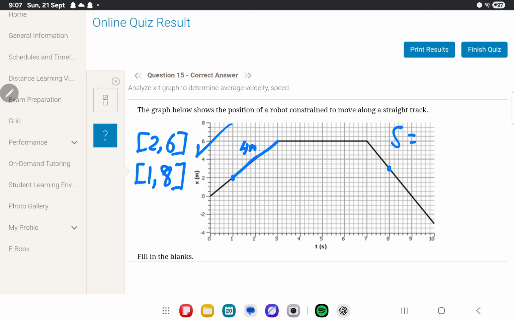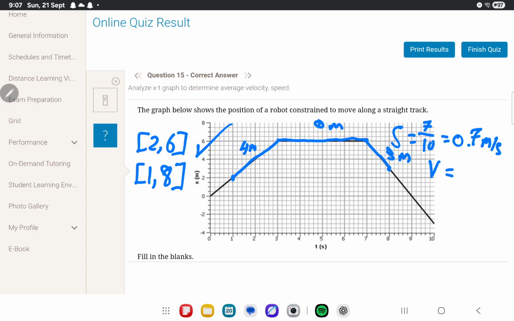Okay, and here it's going to be 0 meters, obviously you know why. And then it's going to be from 6 to, what is this? So this is 4, 3.5, 3. So this is going to be from 6 to 3, which is 3 meters. Okay, so the distance traveled is 7 meters over 10 seconds, so 0.7 meters per second.